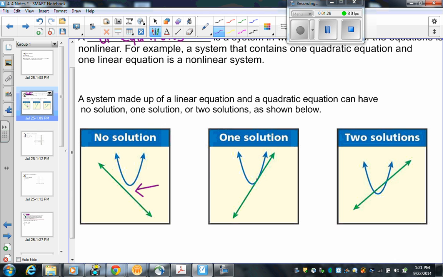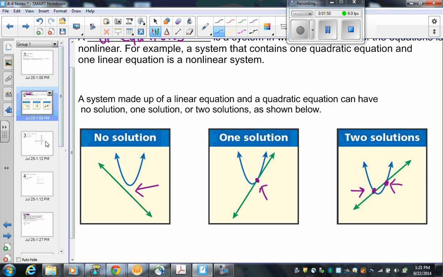In this second picture, the line and the parabola intersect only at one point, making one coordinate the solution. And in this last picture, our parabola and our line intersect at two locations, meaning we have two solutions, or two coordinates at which they intersect.